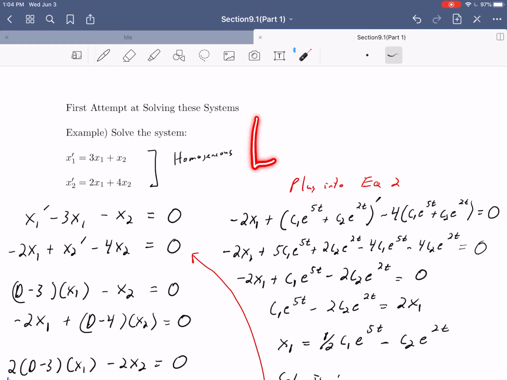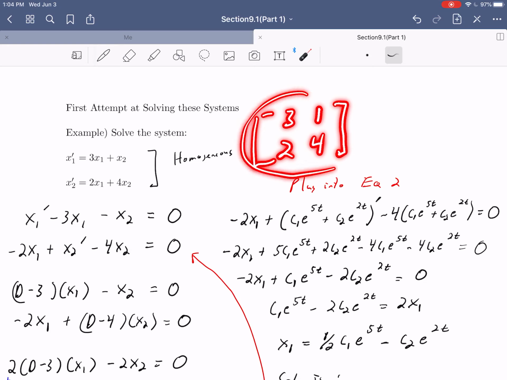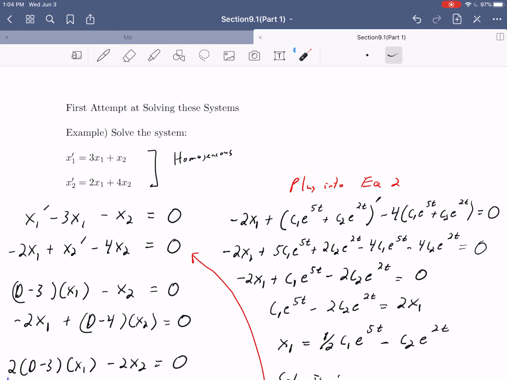The coefficient matrix here would be 3, 1, 2, 4. If you want, on your own, take a look at the eigenvalues and eigenvectors of that matrix. What you will find is that the eigenvalues of that matrix are 5 and 2.